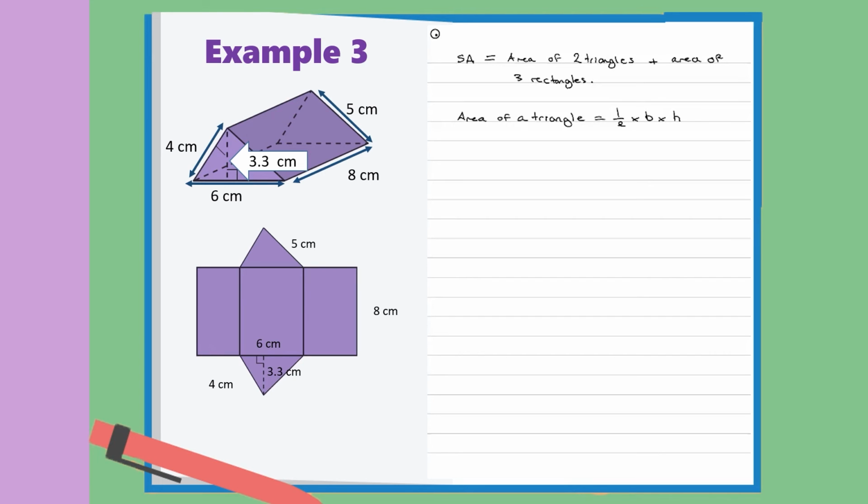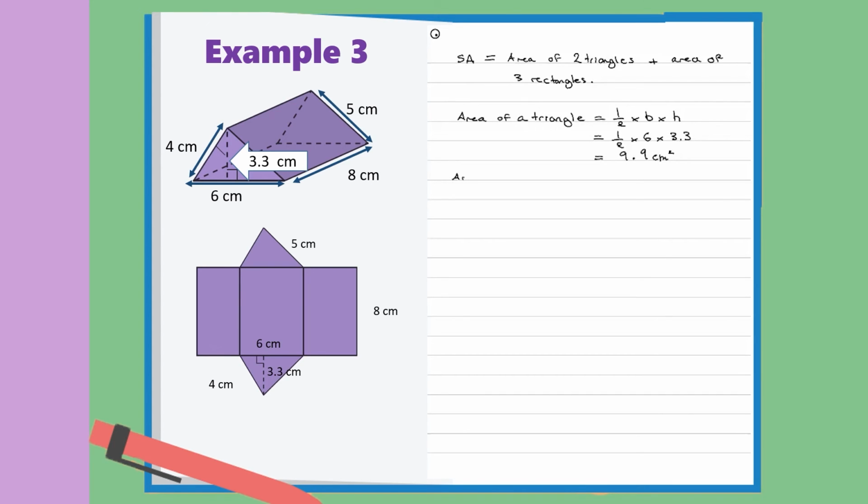We can see here that they've given us the perpendicular height and the base. So we can solve for the area of the triangle, which is going to be equal to 1 over 2 times 6 times 3.3, and that is equal to 9.9 centimeters squared. But we don't just have one triangle, we have two triangles. So let's multiply this by 2.